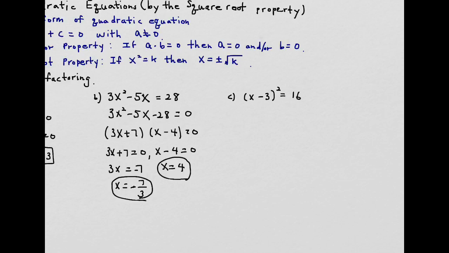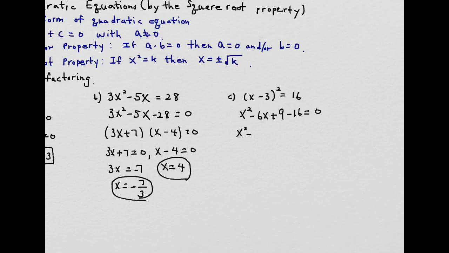The next one, until I simplify, we're not sure what type of equation this is. So how do we simplify it? Well, get rid of the parentheses. To do that, I need to FOIL this, which gives me x squared minus 6x plus 9. Then you need to make one side equal to 0 before you factor, so you subtract 16 to make it standard form.